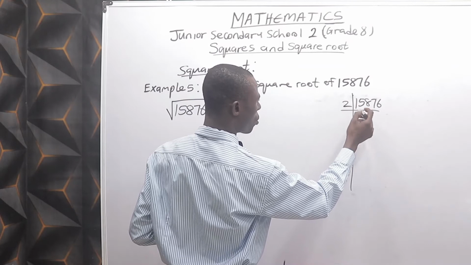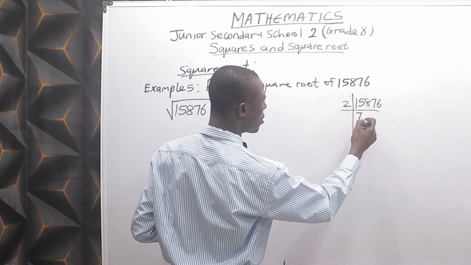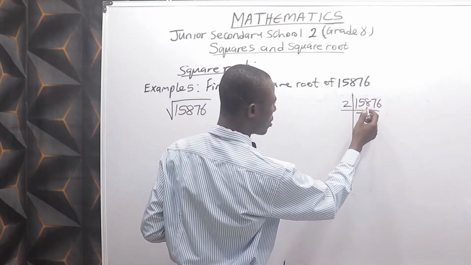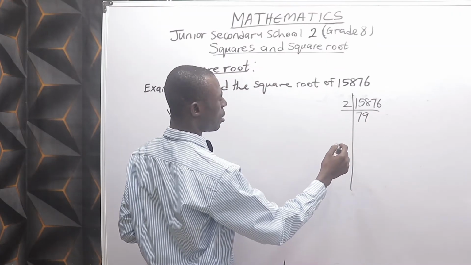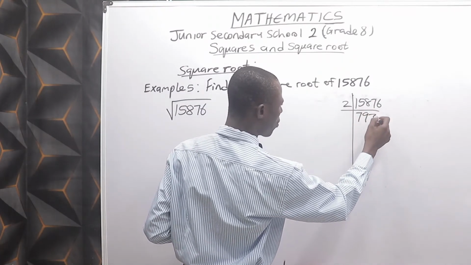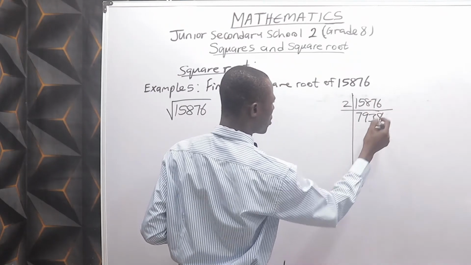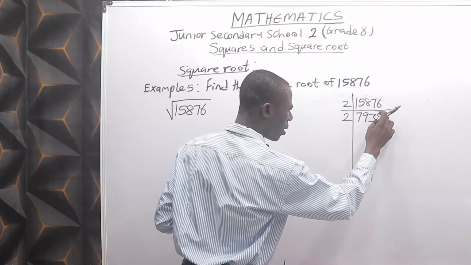2 goes. 2 in 15, that is 7. It remains 1. Use the 1 with 8, that's 18. 2 in 18, 9. 2 in 7, 3. Remains 1. In 16, 8. 2 also can go because it is an even number, 8.